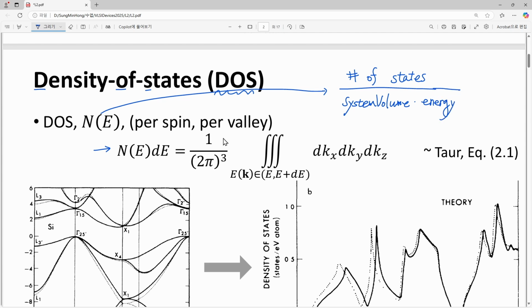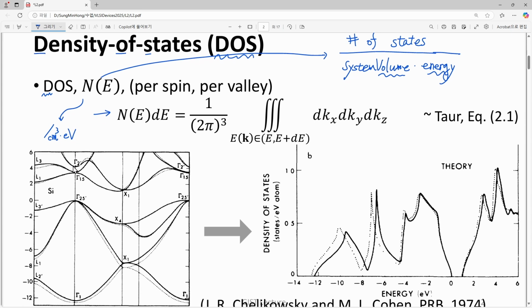That's the reason why it is called density: it is density per volume and energy. So it has units like per cubic centimeter eV.